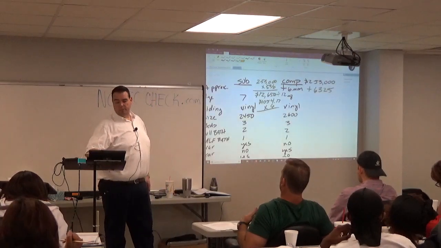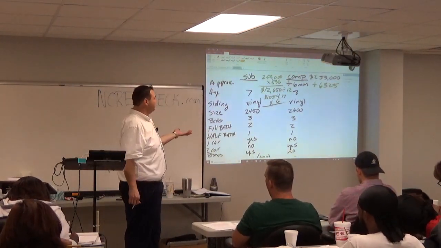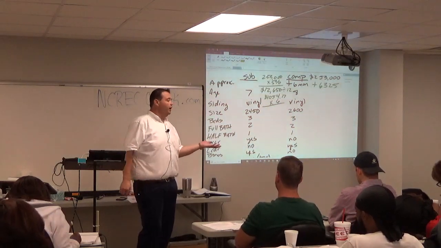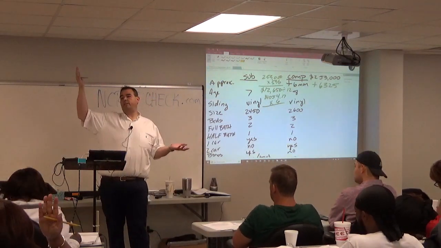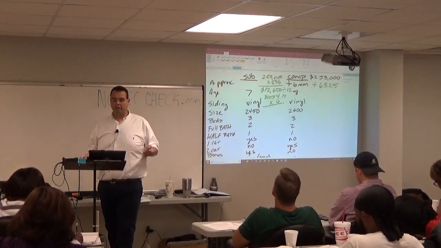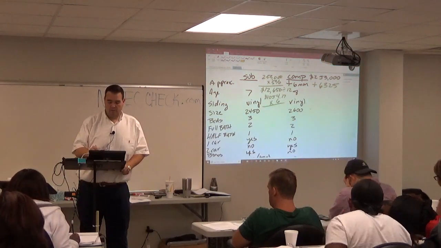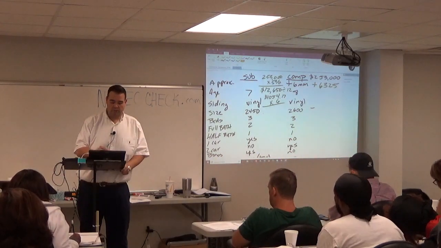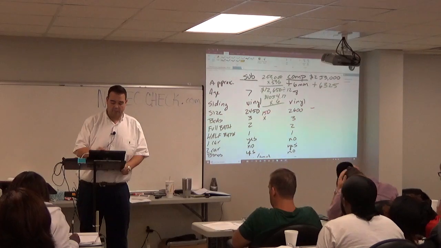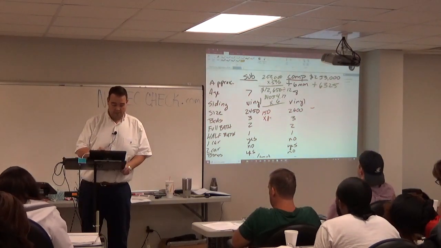Size. Do we need to make an adjustment for the size of the property? Yes, we do, because our subject is here at 2,450. Our comp is up here at 2,600, so which way do we need to adjust? Down by 150 square feet. So that's going to be minus, and I'll do my work over here on the side again, 150 times, how much did they say a square foot was worth? 110.